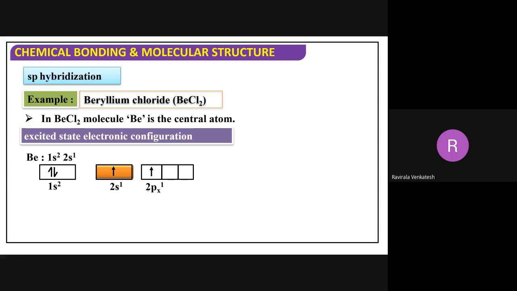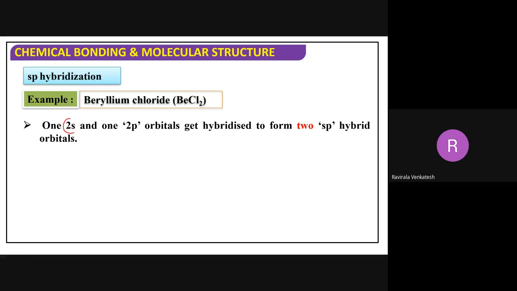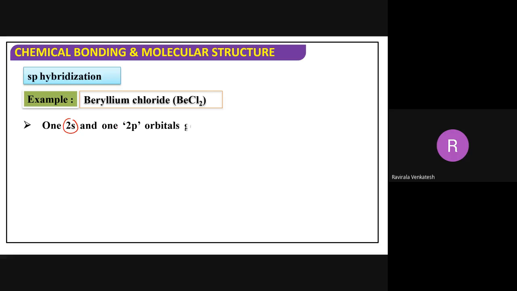Now one s orbital and one p orbital are overlapping like this. One 2s orbital and one 2p orbital are mixing, and they don't involve the inner shell. One 2s orbital and one 2p orbital will mix to give two sp hybrid orbitals.